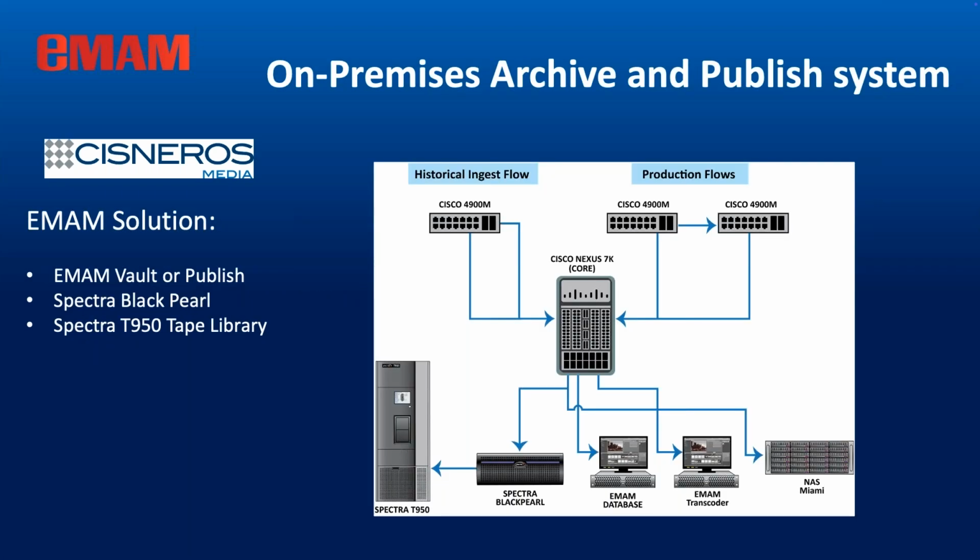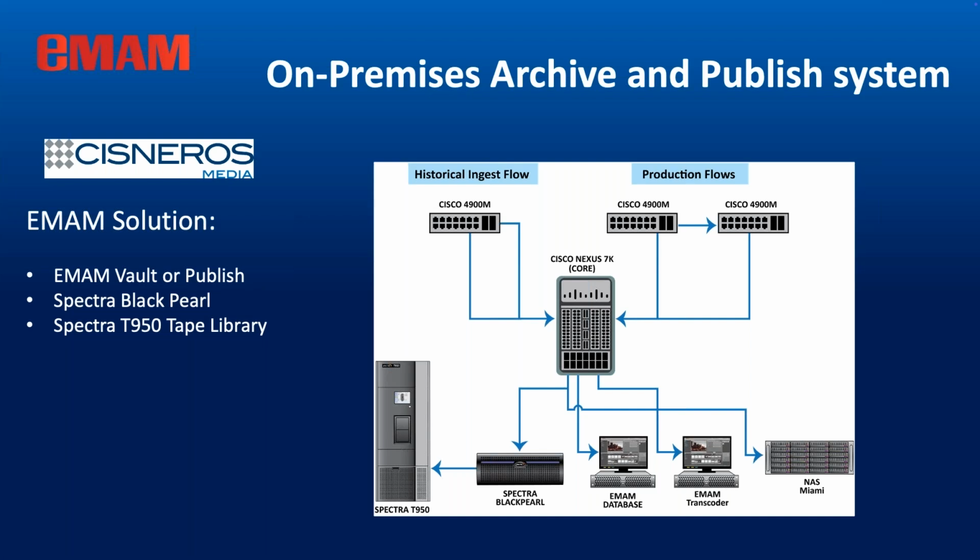So for them, we put together a bundle with our Vault or Publish. Vault is mainly just for archive, and Publish is a bundle where you can also archive and then publish to different social media sites and different platforms.